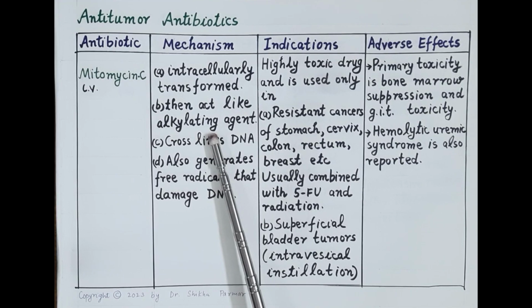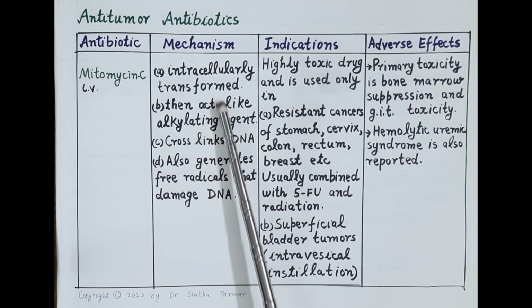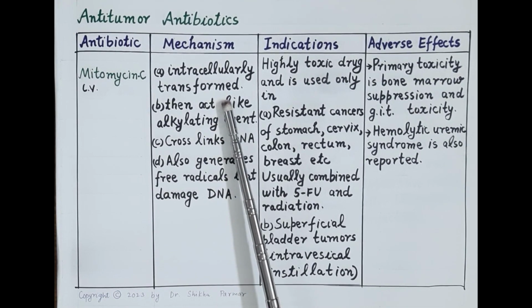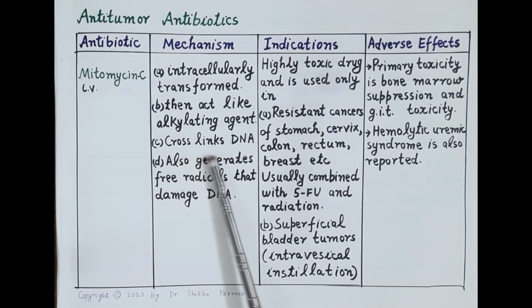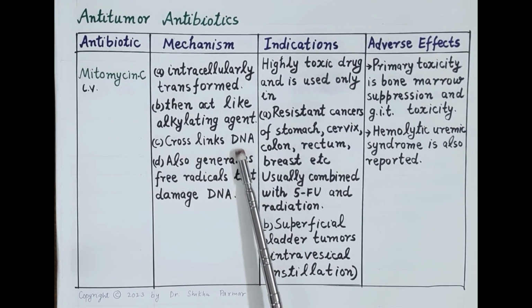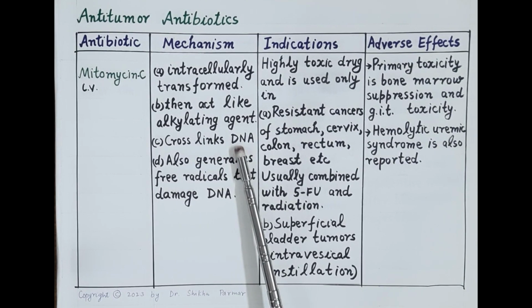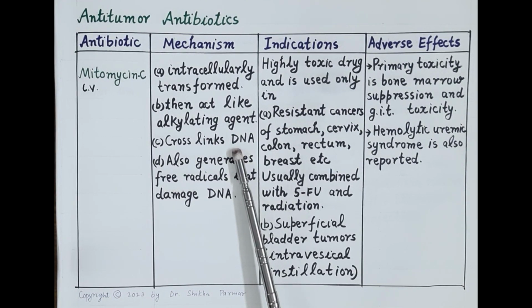Now, as we have already discussed the mechanism of action of alkylating agents, this transformed Mitomycin C forms cross linkages between the DNA strands. Now, because of the formation of cross linkages between the DNA strands, this prevents DNA replication and transcription.